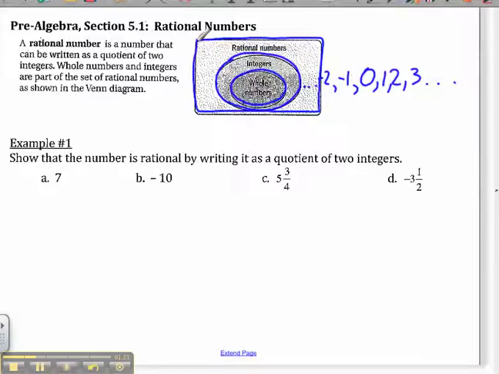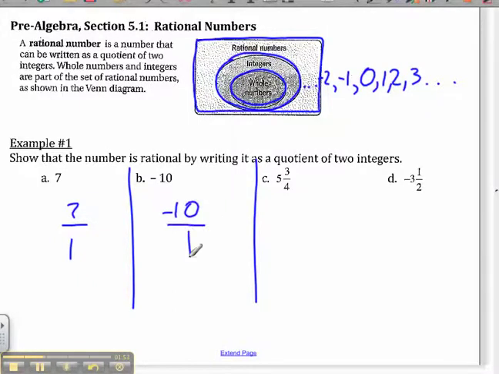Now, what they want us to do here is to show that all of these numbers can be written as fractions. Will you make that first one a fraction for me? Just tell me what to write. Thank you, sir. 7/1. Beautiful. Will you make the next one a fraction for me? -10/1. Beautiful. Will you make the next one a fraction for me?